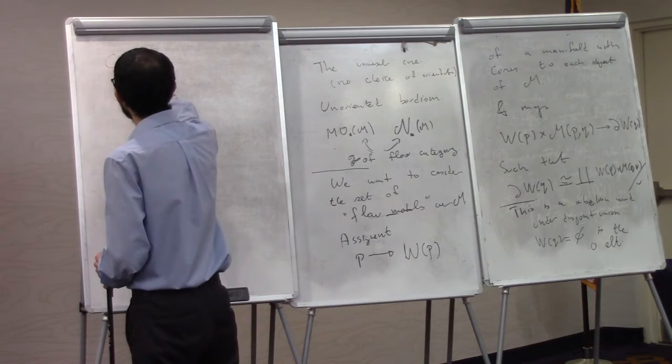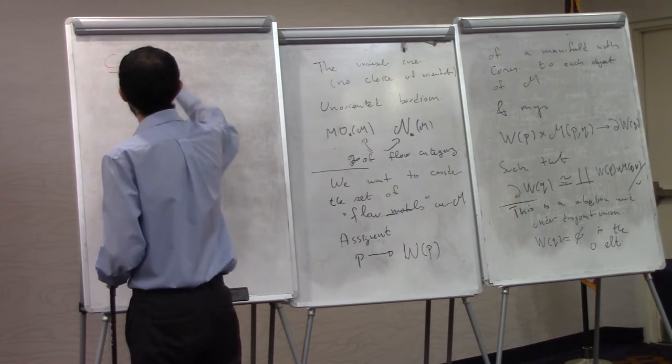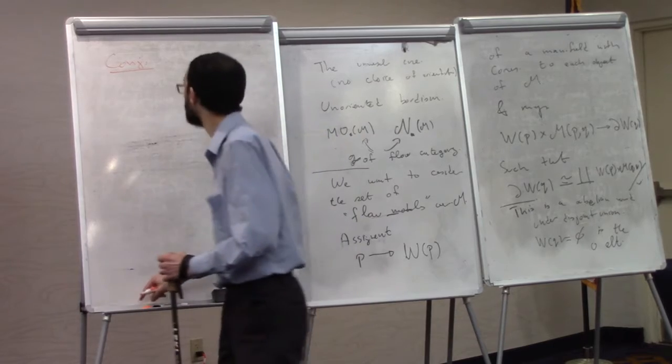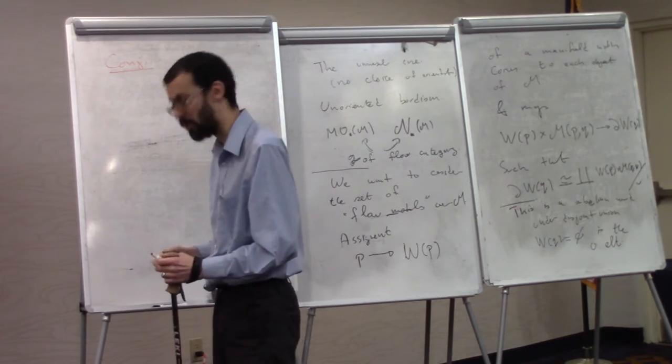Conjecture. It's hard to read the red, because it's supposed to be orange.